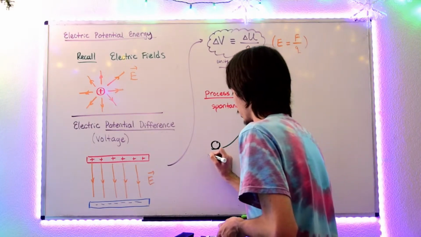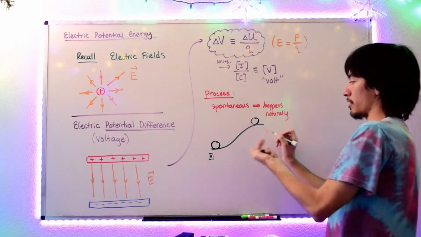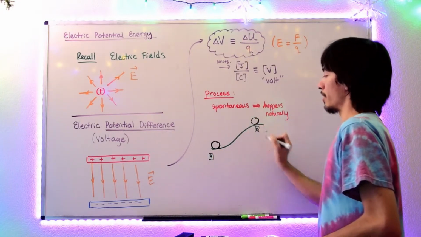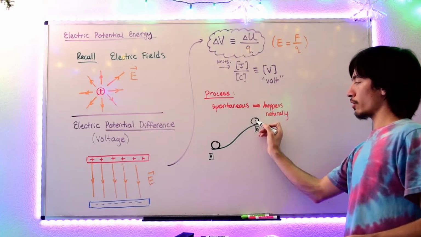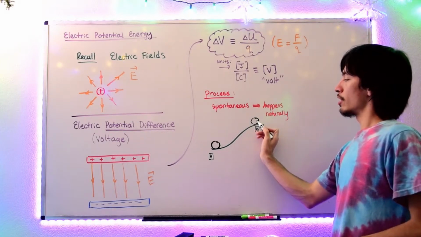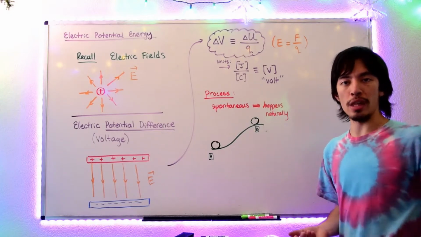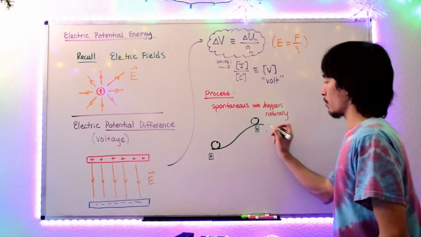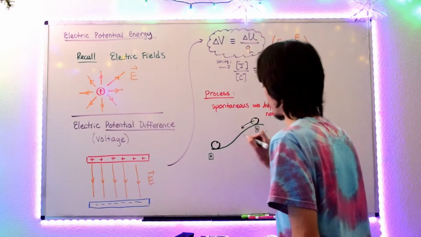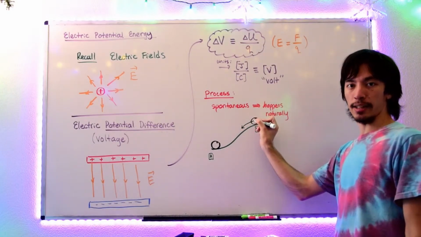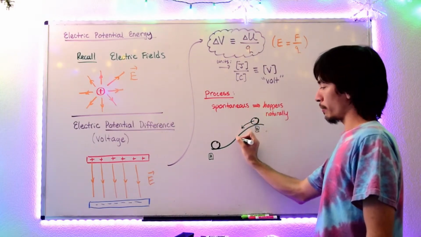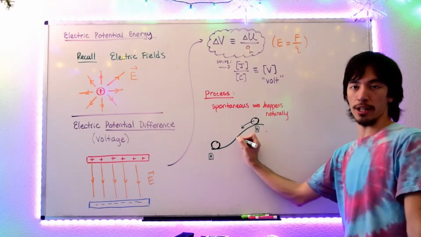And, let's say, take the one at the top of the hill, call this point B. If you were to have it go down the hill, you wouldn't need to force it to do that. It would happen on its own. So this object would go down the hill spontaneously, and we know from that it would lose potential energy.